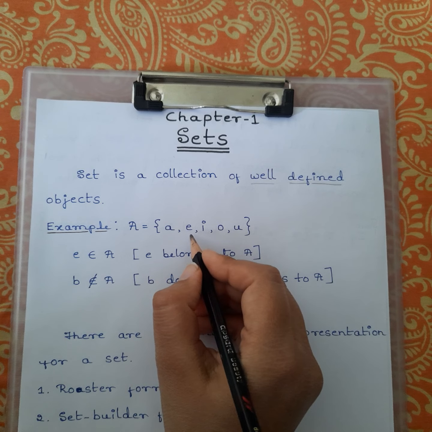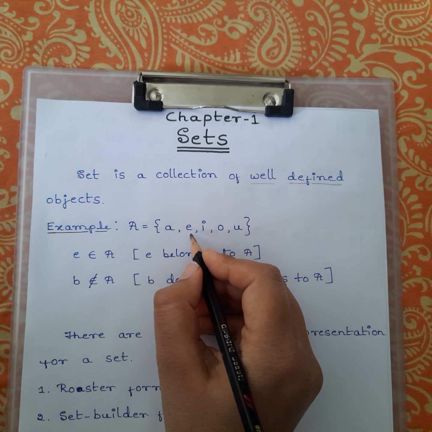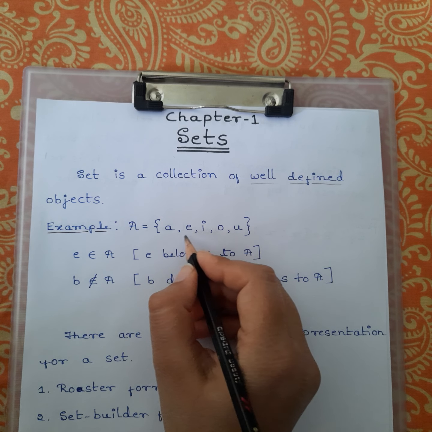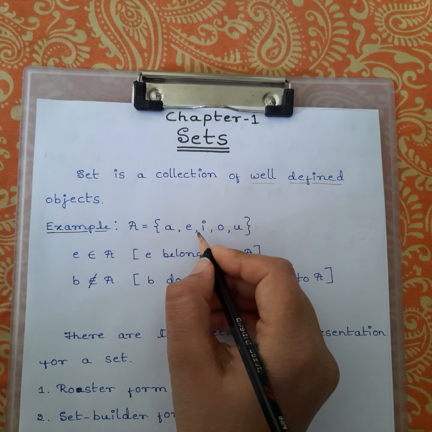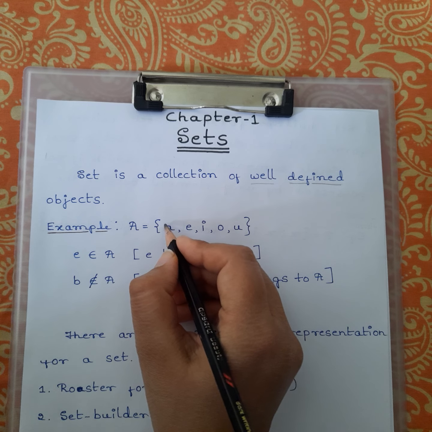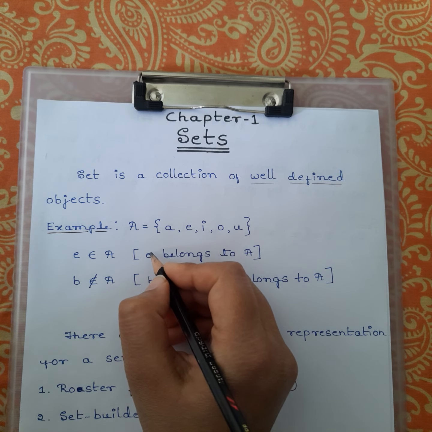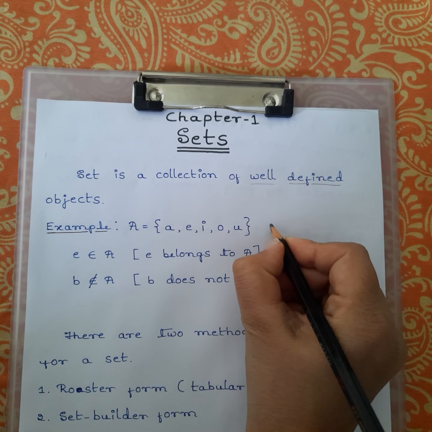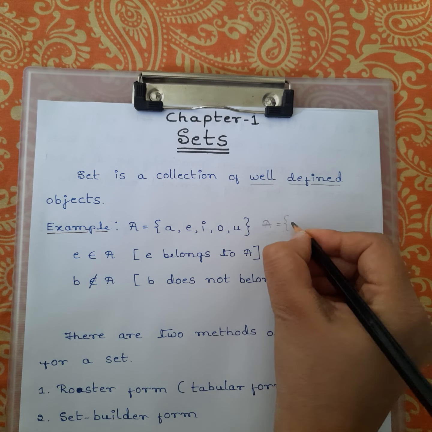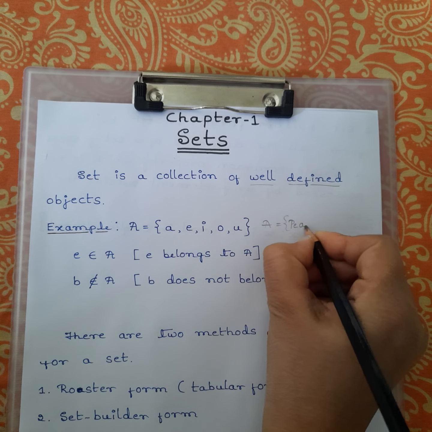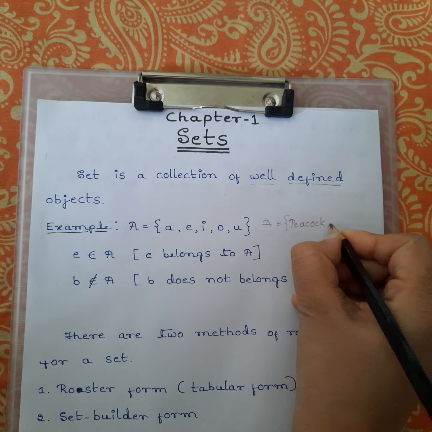For this, anybody you ask to write the collection of vowels in the English alphabet will write A, E, I, O, U. So this is a well-defined collection and hence it is a set. If I ask you to write the collection of two most beautiful birds in the world, I can write set A is equal to, for me, peacock and parrot.